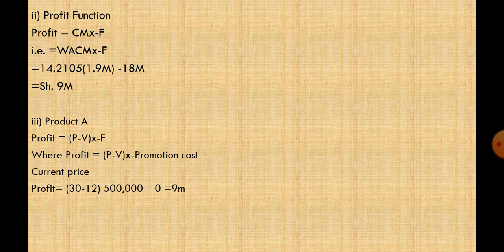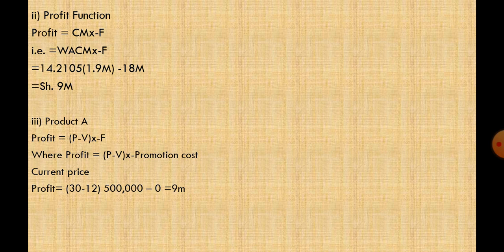But we have proposed prices which are shillings 25 and shillings 20, which has an issue with the changes in the number of units. At the 25 shillings, it will change with a promotion cost of 800,000. In case we have the lower price, the units will increase to 1.2 million.